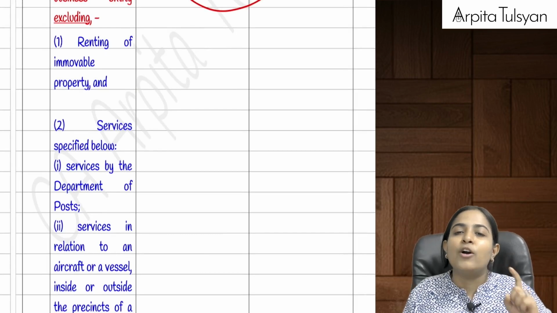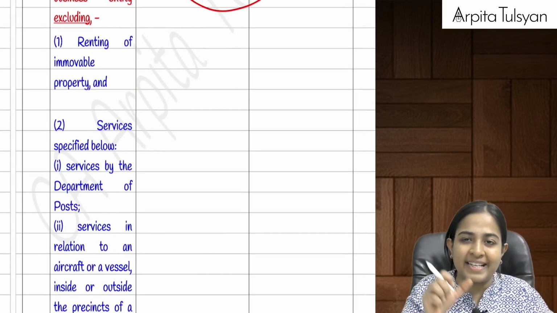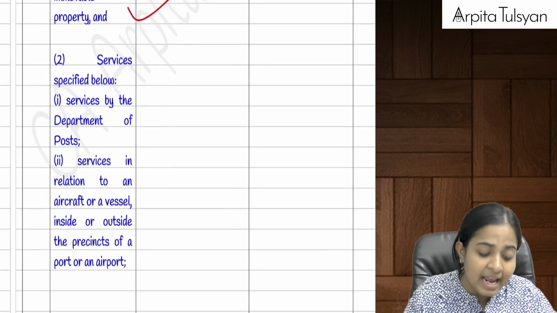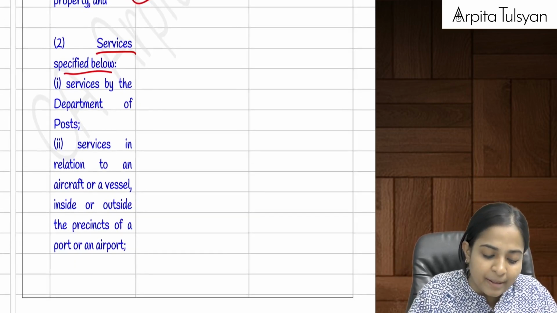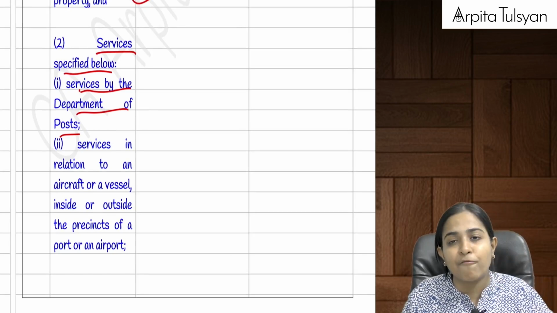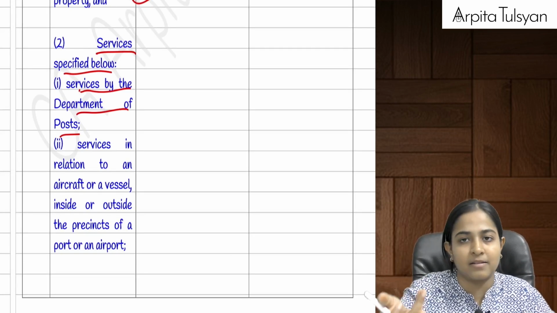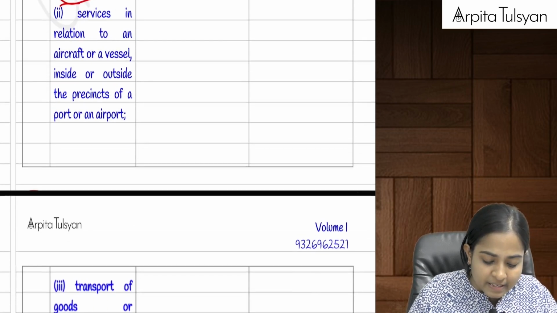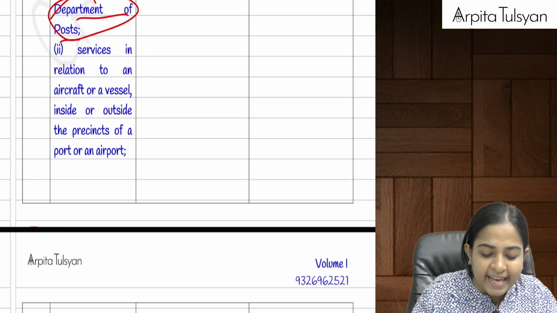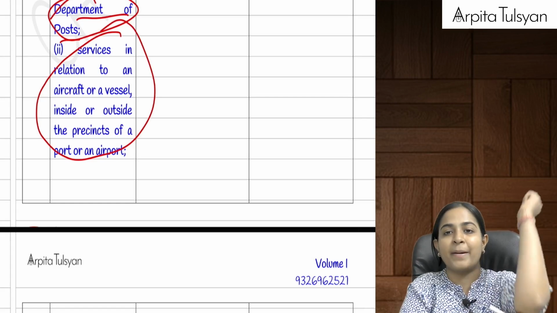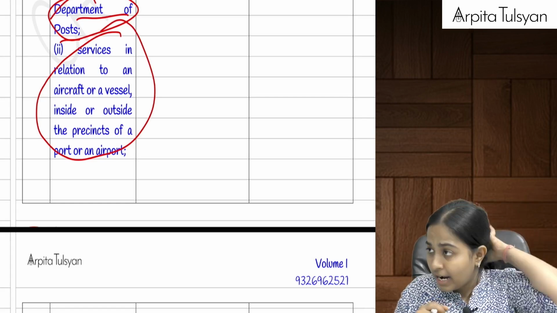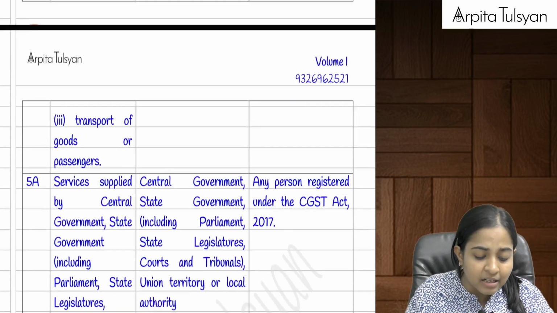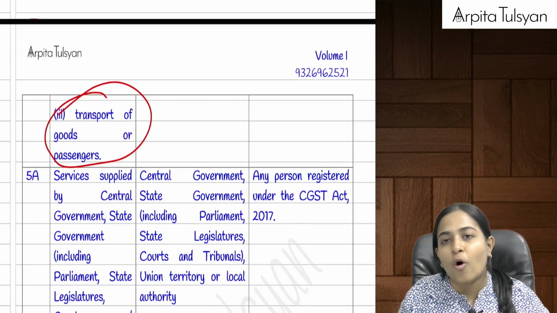One is renting of immovable property. If the government has rented any immovable property to any business entity, that is excluded here and considered separately. And services provided by the Department of Post, for example speed post services, even that is provided by the government, right? Services provided by Department of Post, or services in relation to aircraft or vessel, let's say repairing or overhaul services, or transport of goods or passengers.